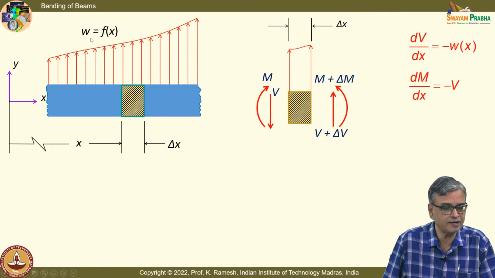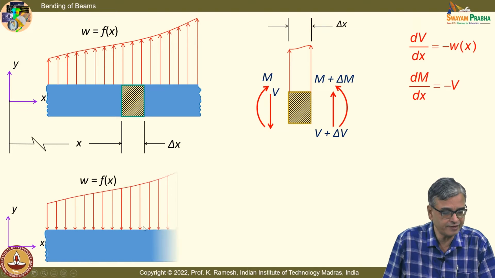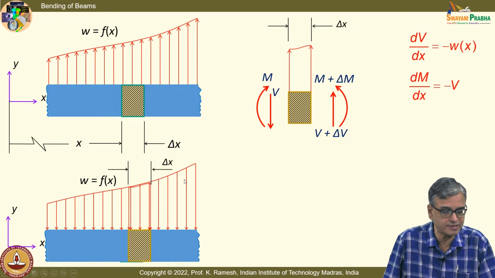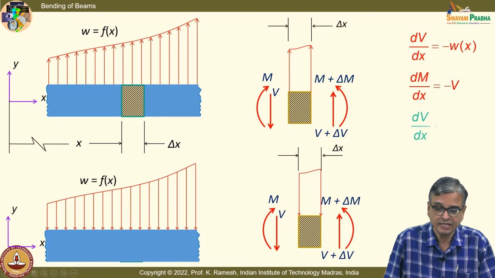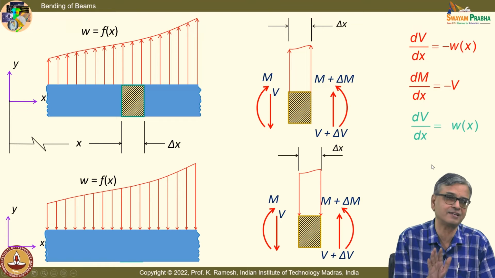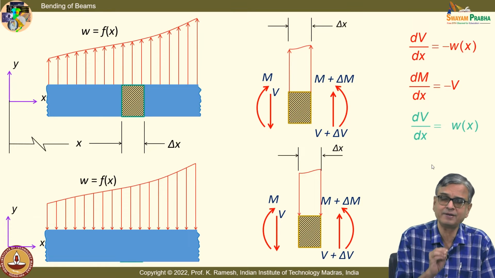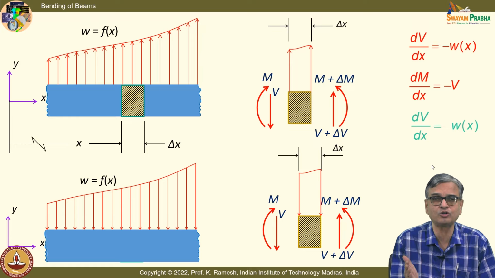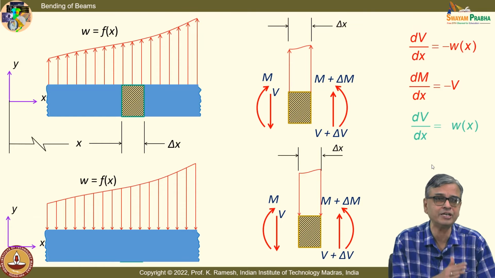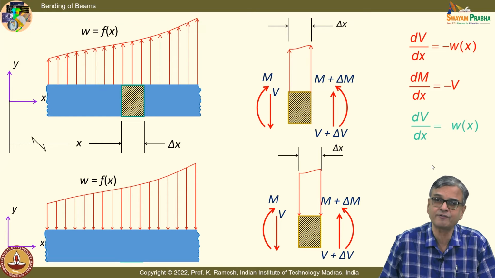If I have the W acting upwards taken as positive, I will have the expression dV by dx equal to minus Wx and dM by dx equal to minus V. On the other hand, if I develop the equation with W as acting downwards, the only change is dV by dx goes to Wx, it becomes positive. So, you will also have to understand a subtle difference. If you do the mathematics systematically, there is no problem, but if you want to interpret it based on sign convention, you have to see which way you have developed the equations.